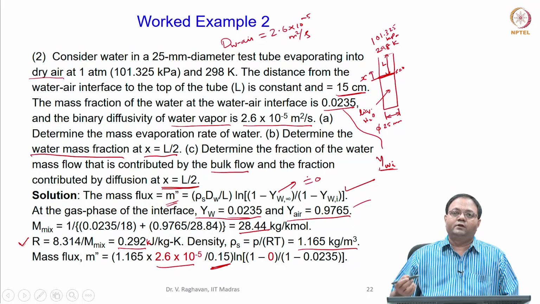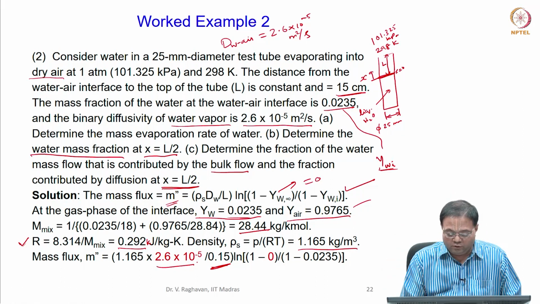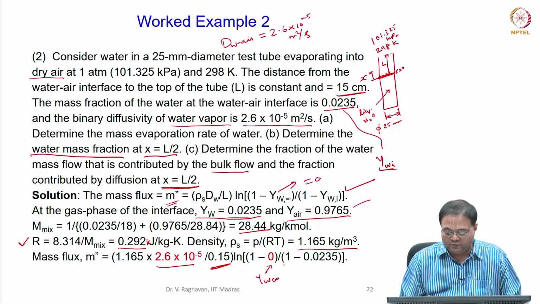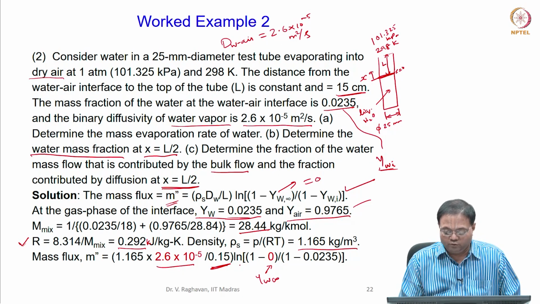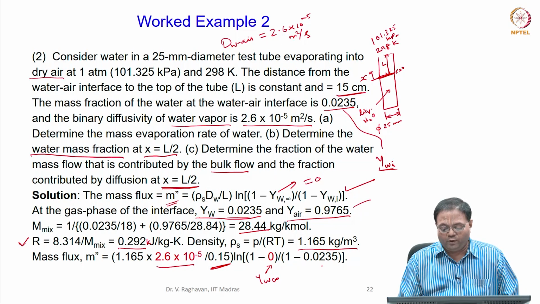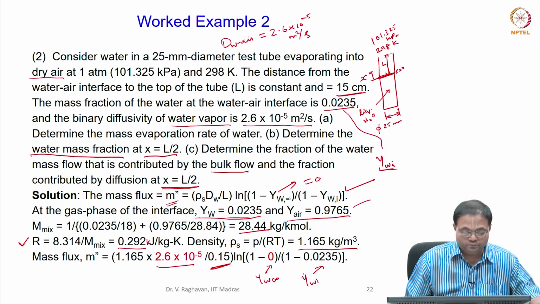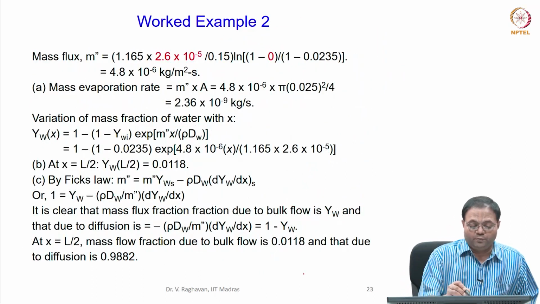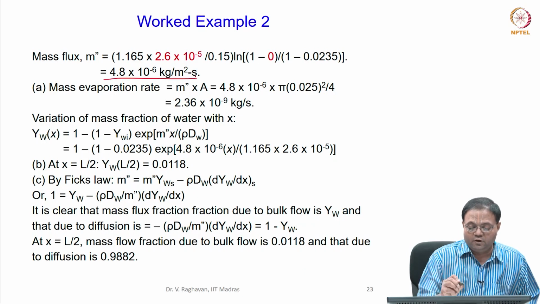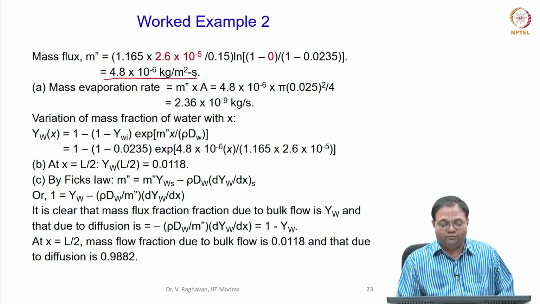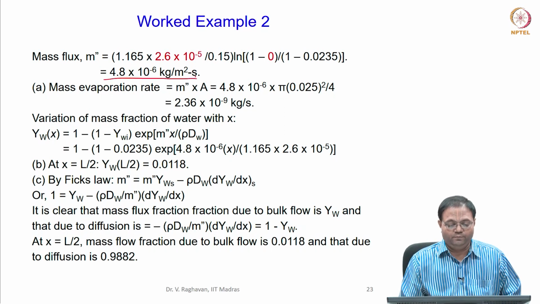There is no moisture there. Substituting this, you get the mass flux as 4.8 into 10 power minus 6 kg per meter square second.